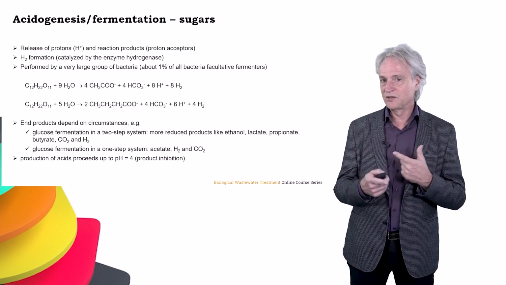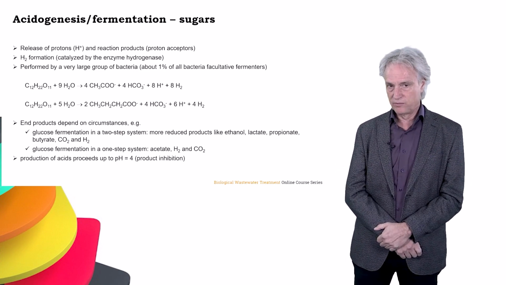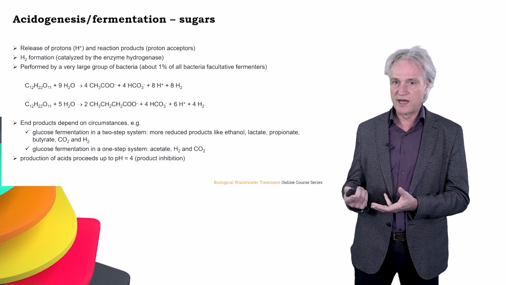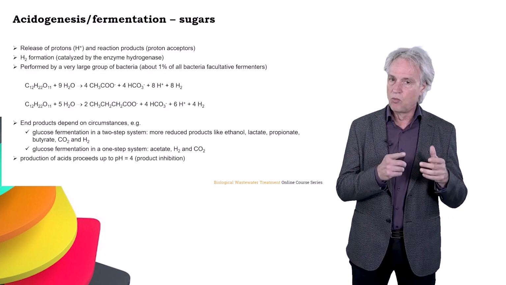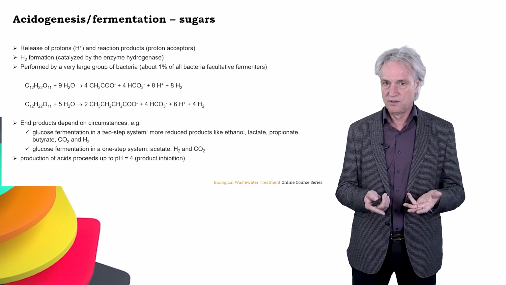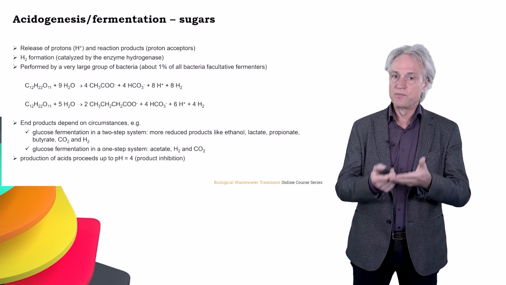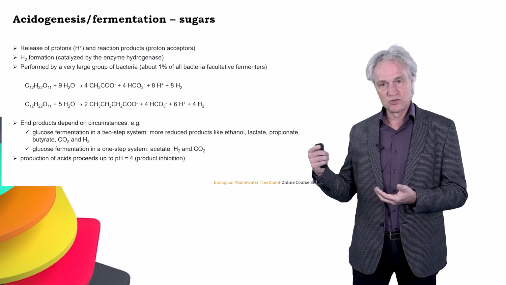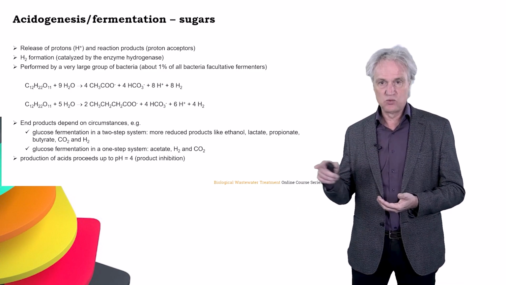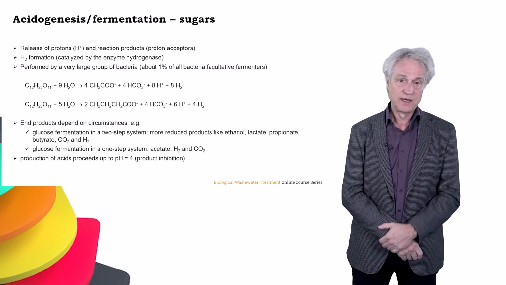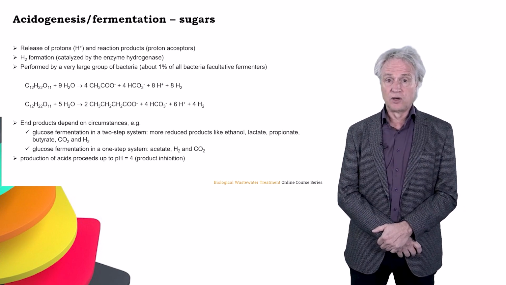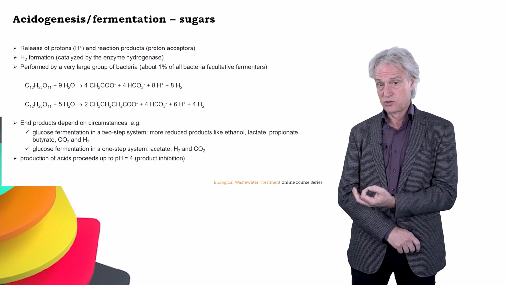Then the bacteria start to switch their metabolism. Instead of producing hydrogen, they produce more reduced end products. Butyrate is more reduced than acetate. So by producing butyrate, they produce less hydrogen, and then the reaction will proceed. And that is also typical. So the end product depends on circumstances.